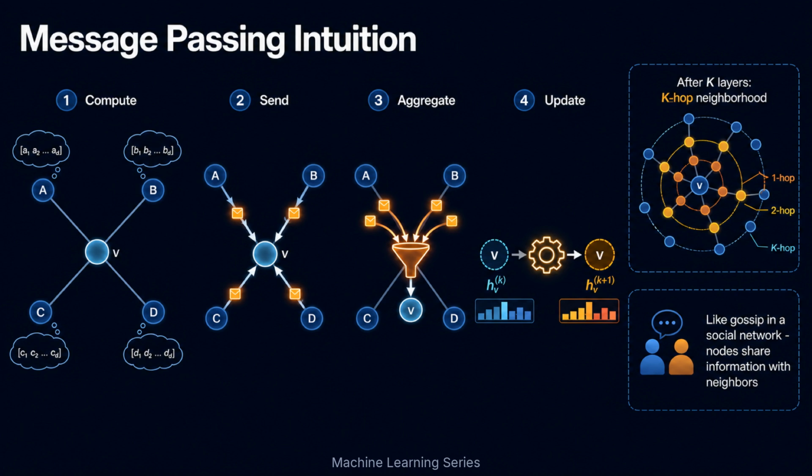In graph terms, after k layers of message passing, each node has information from its k-hop neighborhood. This is the receptive field of the GNN. The message function decides what information to share, the aggregation function decides how to combine multiple messages, and the update function decides how to integrate new information with existing knowledge.